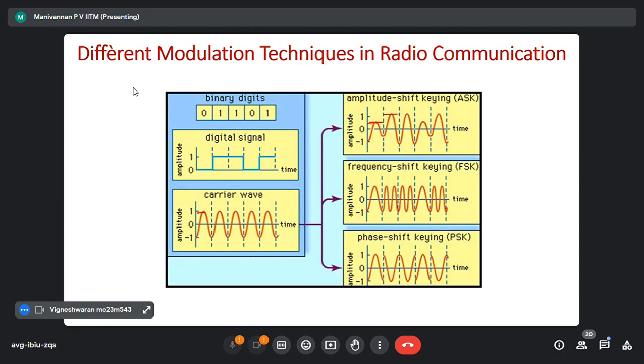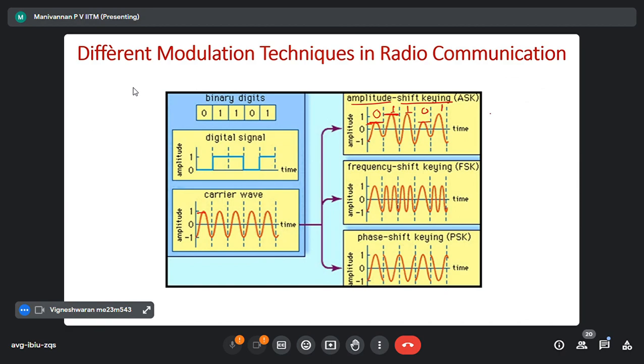For transmitting 1, it is full amplitude. Since amplitude is varied, because of shifting, that's why we call it amplitude shift keying. Amplitude of carrier is varied according to what data? 0 or 1.